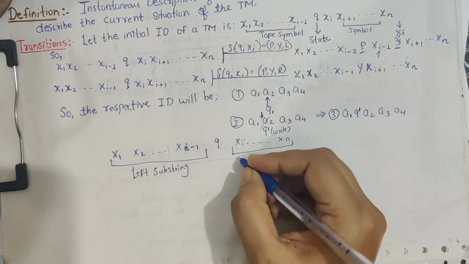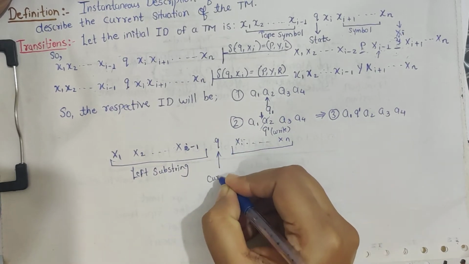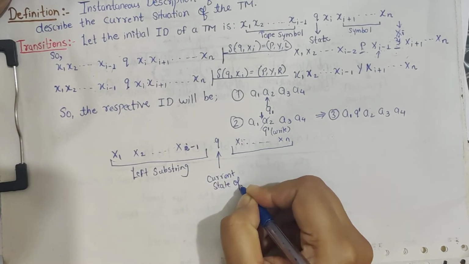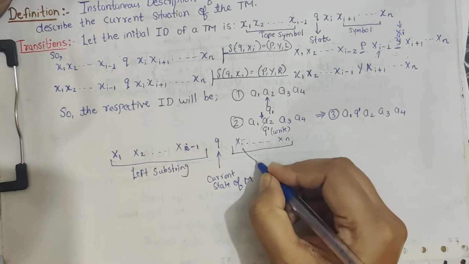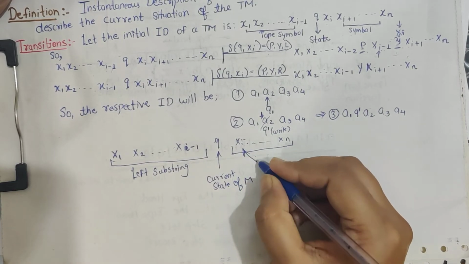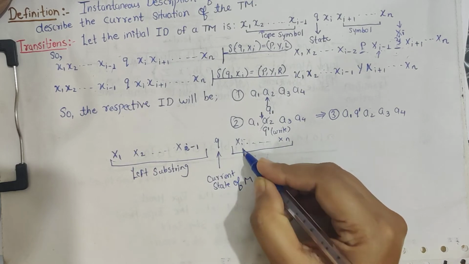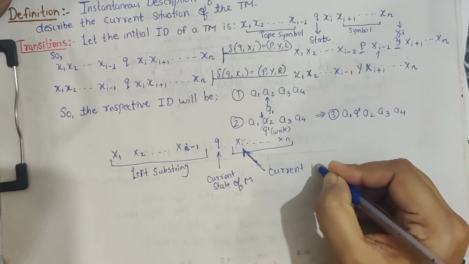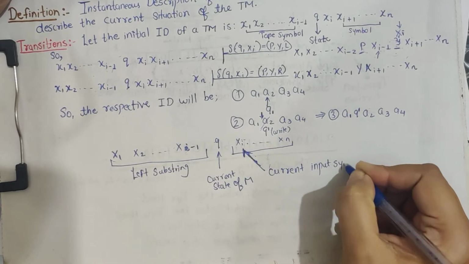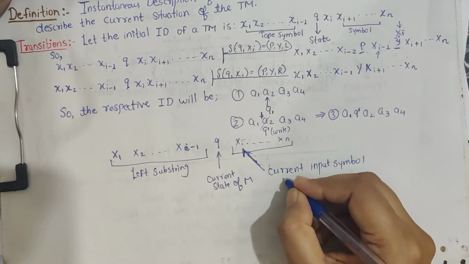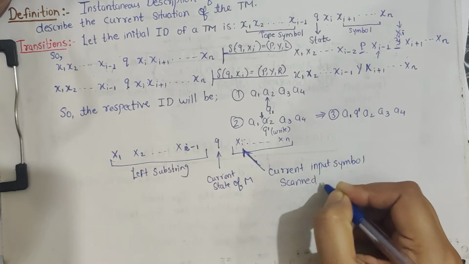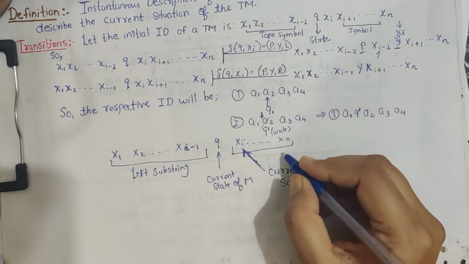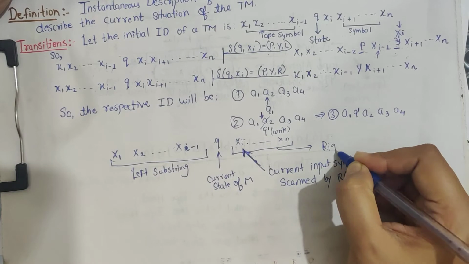Then this is the current state of M. Then this is the current input symbol scanned by the read write head. So our read write head is currently here. And this is our right substring.